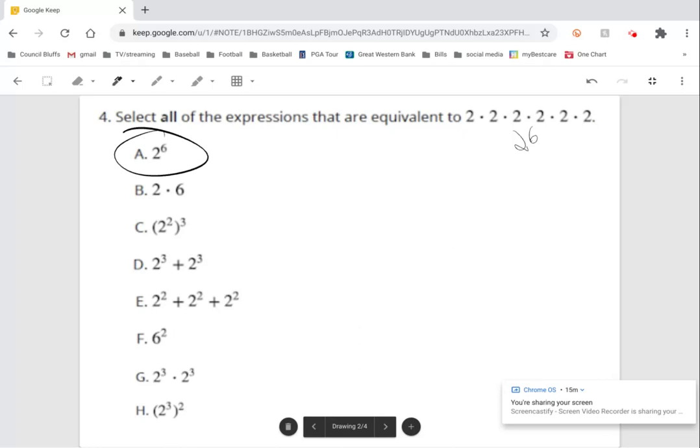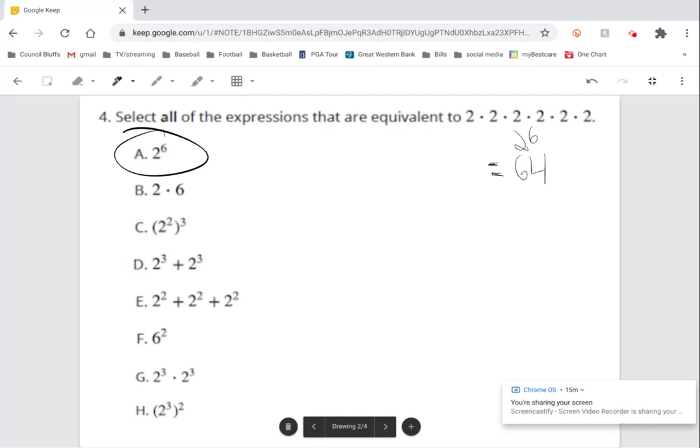If I actually multiply this out, 2 times 2 is 4, times 2 is 8, times 2 is 16, times 2 is 32, times 2 is 64. So the answer is 64. So we can actually go through all of these and figure out which ones are equal to 64. We already know A is an answer.